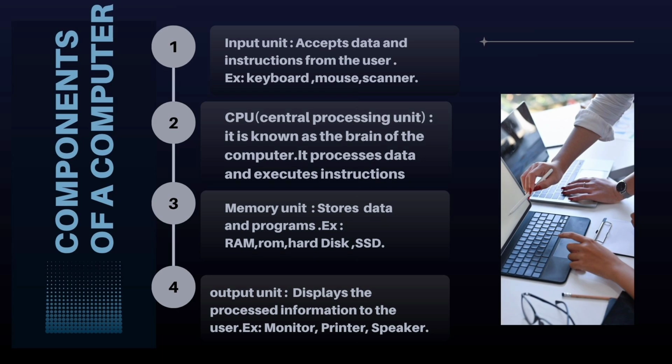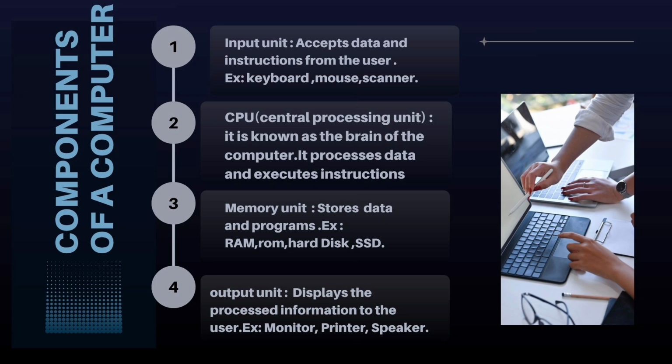Next, components of a computer. A computer is made up of several important components that work together. The first component is the input unit. It accepts data and instructions from the user. Examples: keyboard, mouse, scanner, and microphone. The second component is the CPU, or central processing unit. It is known as the brain of the computer because it processes data and controls all computer operations.